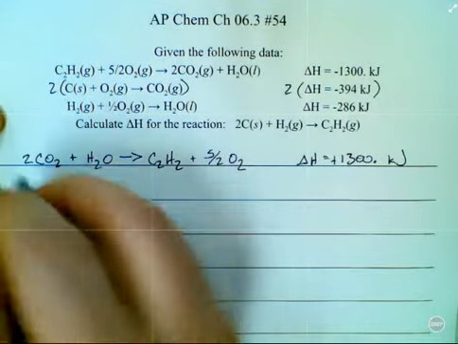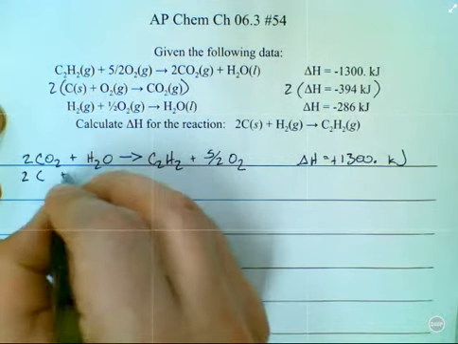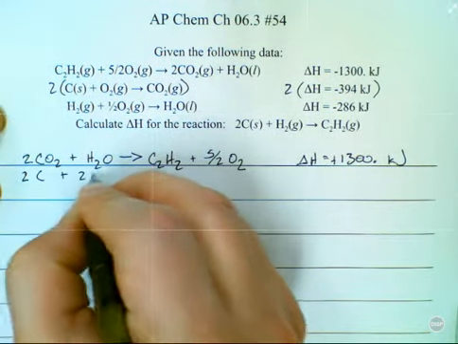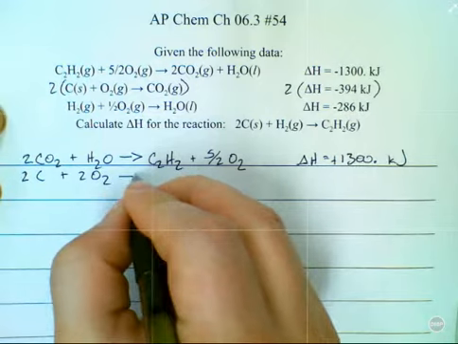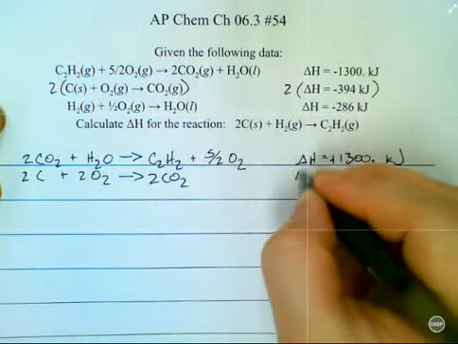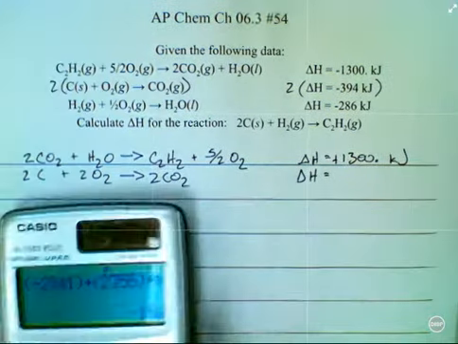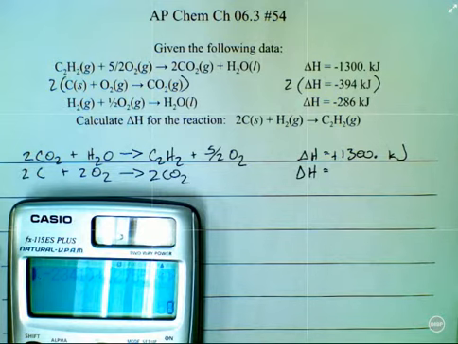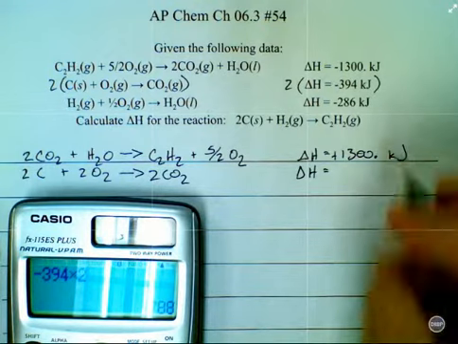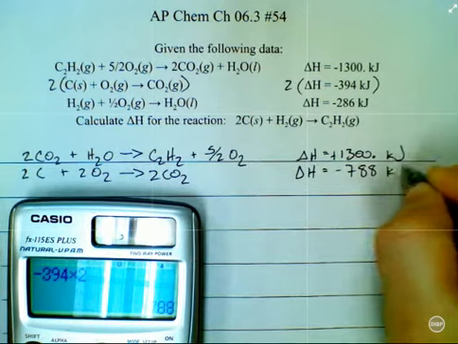Now, as I do that, I'll end up with 2C plus 2 O2s reacting to yield 2 CO2s. And we'll have a delta H for that one of negative 394 times 2, negative 788 kJ.